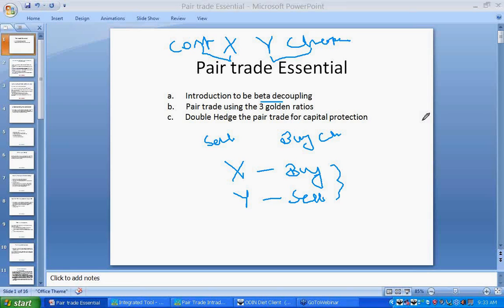Here I find out the beta, the relationship between these two counters X and Y. Whenever this relationship deviates from its normal relationship, we say that one counter is costlier or cheaper, and based on that we initiate the trade. That is called beta decoupling.